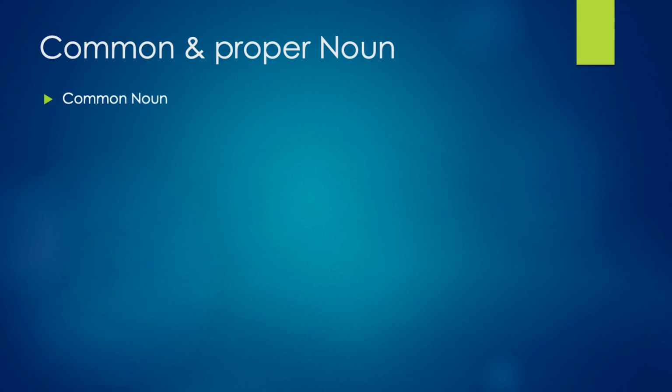A common noun is a name given to a particular type of substance or person or even species, which denotes a general noun. That is, it is a name given in general.